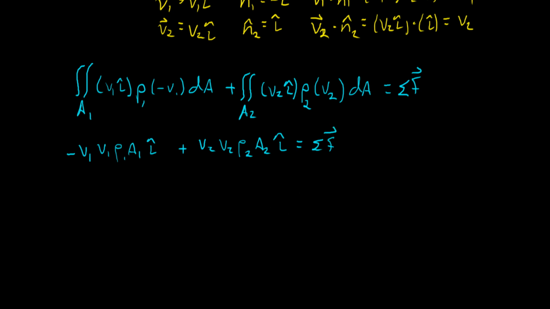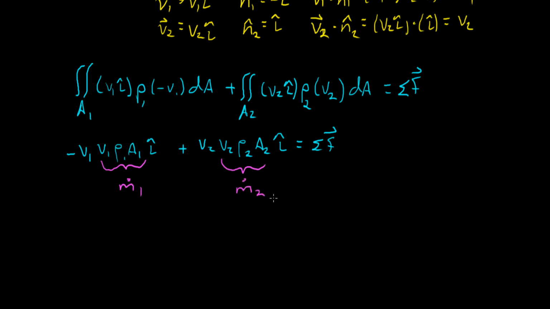Now, you may or may not see this, so let me point it out. v1 times rho 1 times A1, well, that's just m dot 1. Over here, v2 rho 2 A2, well, that's m dot 2.